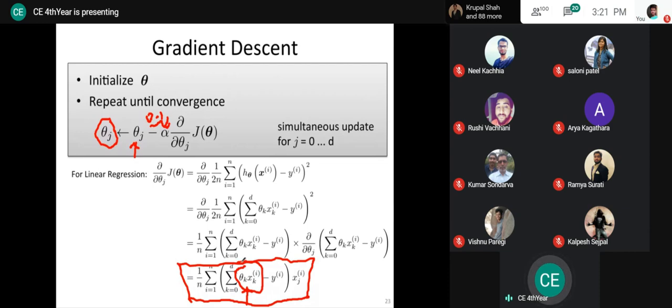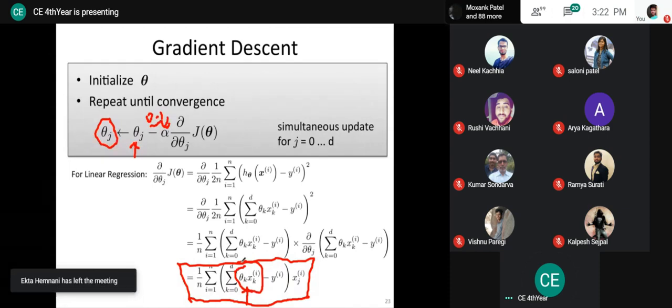Or during the calculation of theta 2, we will not use the updated theta 0 and theta 1. Are you clear? We'll always use the older value in the calculation, and together we'll update all the theta values. Any doubt about the gradient descent learning algorithm?